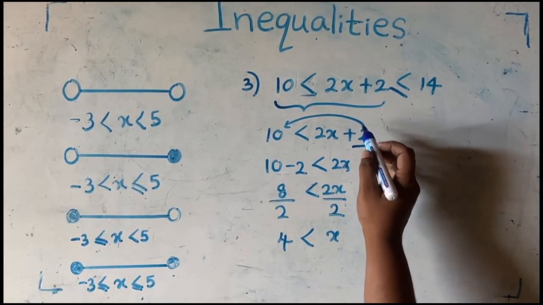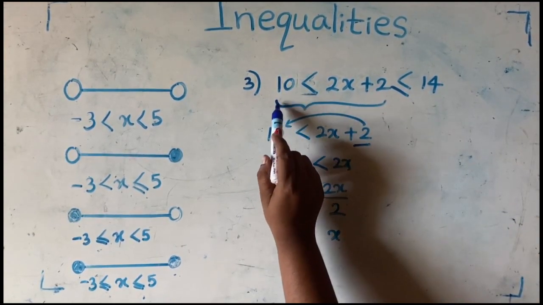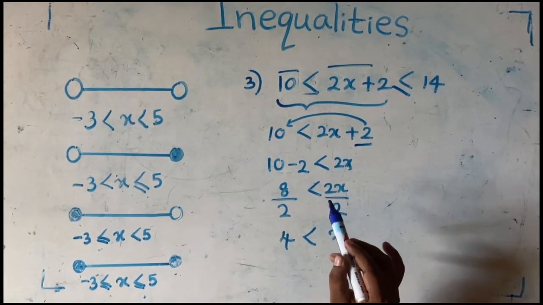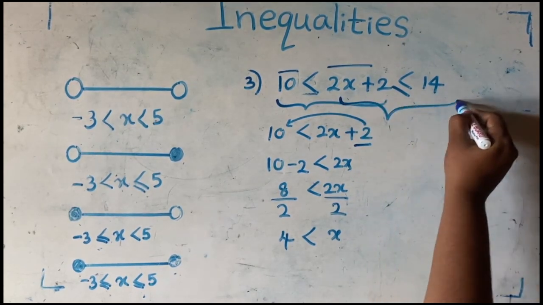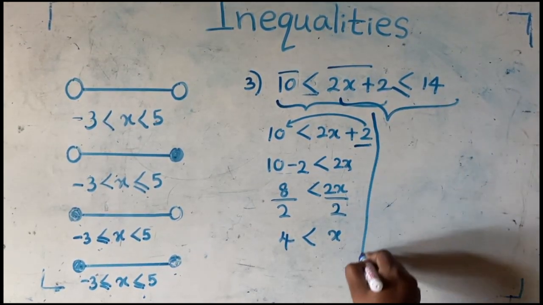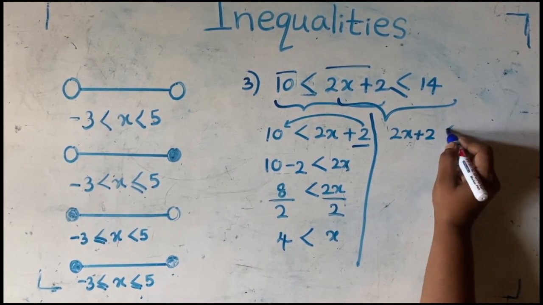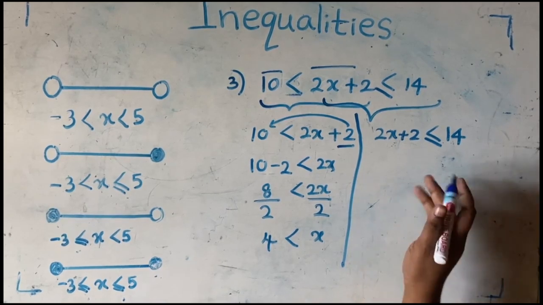After that, I want to take the other side. I took firstly this part and this part only. When you are solving such a question, you want to secondly take this part. 2x plus 2 less than or equal to 14. Now I am solving this part.